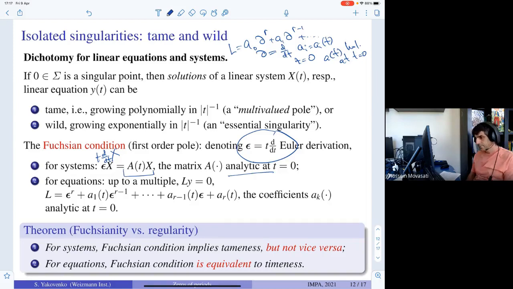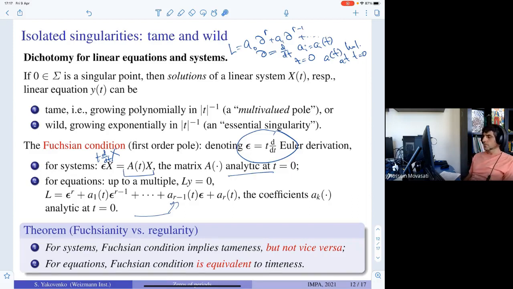And for the same reason, we can re-expand our linear higher order equation in powers of the Euler derivation. Of course, we can get some denominators. We cancel them as usual, using the homogeneity of the equation, so we always get rid of the common denominator.